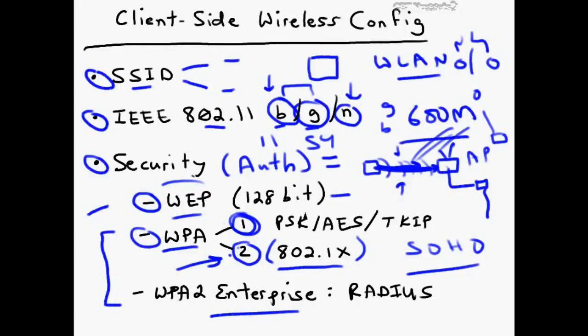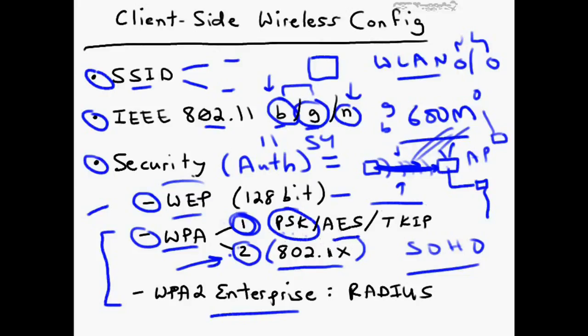Personal uses what's called a pre-shared key, or PSK, such that, again, you have to enter that value. Hopefully you've got a really long, really complex passphrase on every client device, and also store that information on your access points. That makes management, well, to say the least, problematic if, for instance, you then want to change the pre-shared key value. You're going to have to manually update all your client devices.